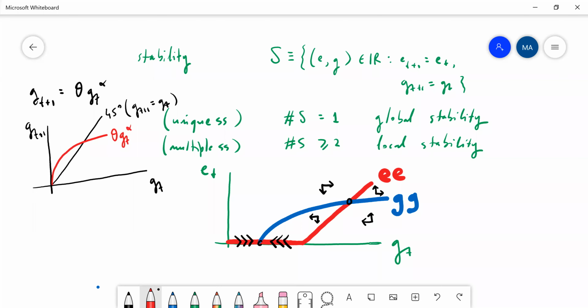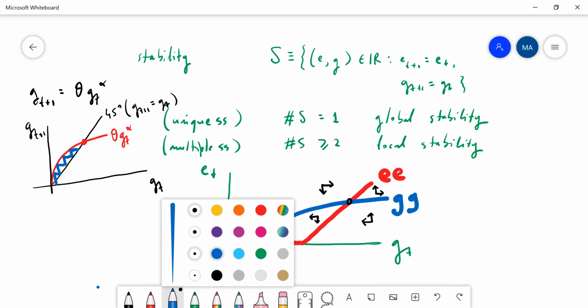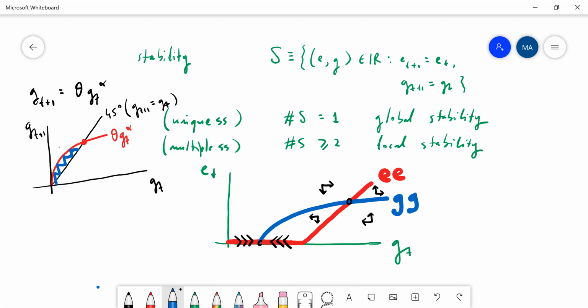Since alpha is between 0 and 1, this is a parabola. Since it is a parabola, the dynamics are non-oscillatory and stable, because the slope here, as we discussed last week, is less than 1.